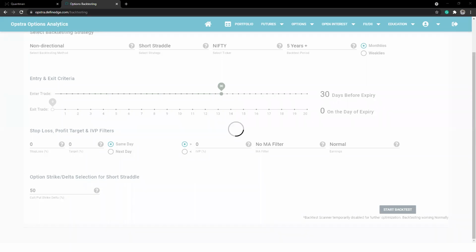But these tools, Quantman and Opstra, these option backtesting tools, are quite new and young to Indian markets. Definitely it's a welcome move from the developers, and a hats off to all those developers who did this. Otherwise, if you imagine back in 2017 or 2018, to do options backtesting you would have had to rely on Python, you had to be a programmer.